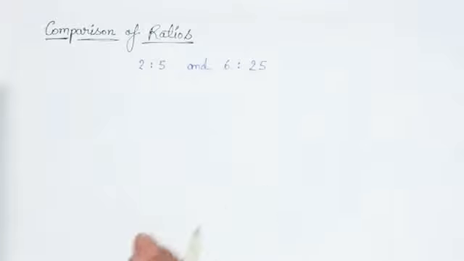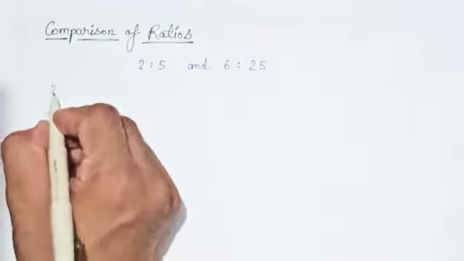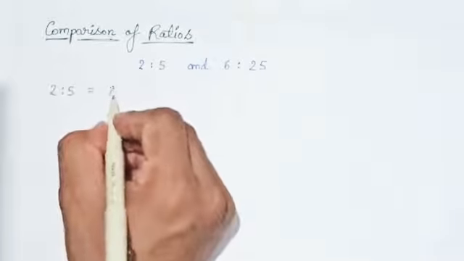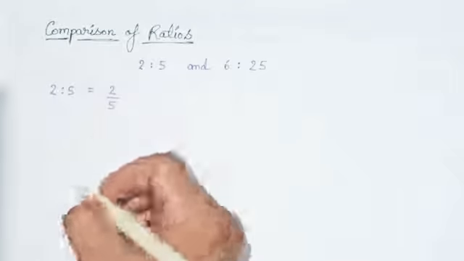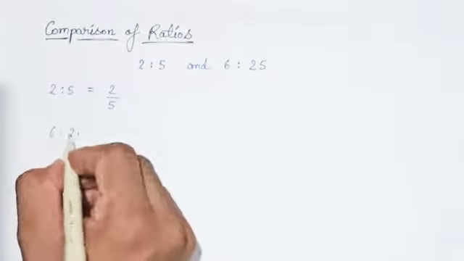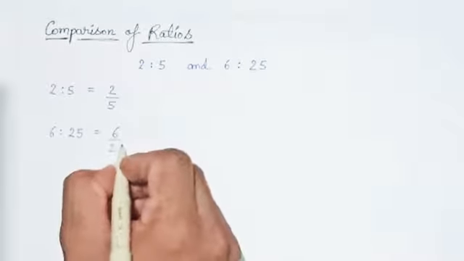Then how do we compare these two ratios? We can write 2:5 as the fraction 2/5 and 6:25 as the fraction 6/25.